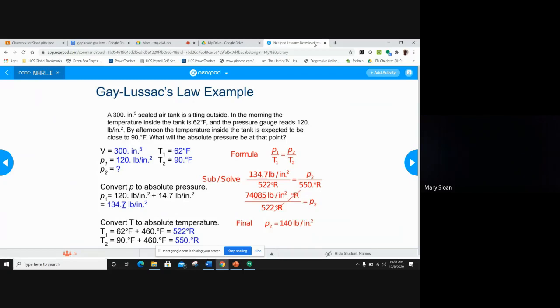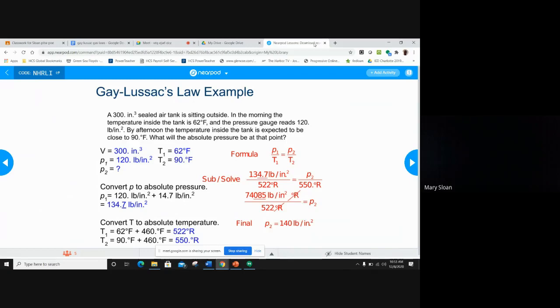Okay. So on this one here, they're using volume, pressure, and temperature, are they not? Now, which one did we not use? We didn't use volume. Why did they give us volume? Just to mess with us?